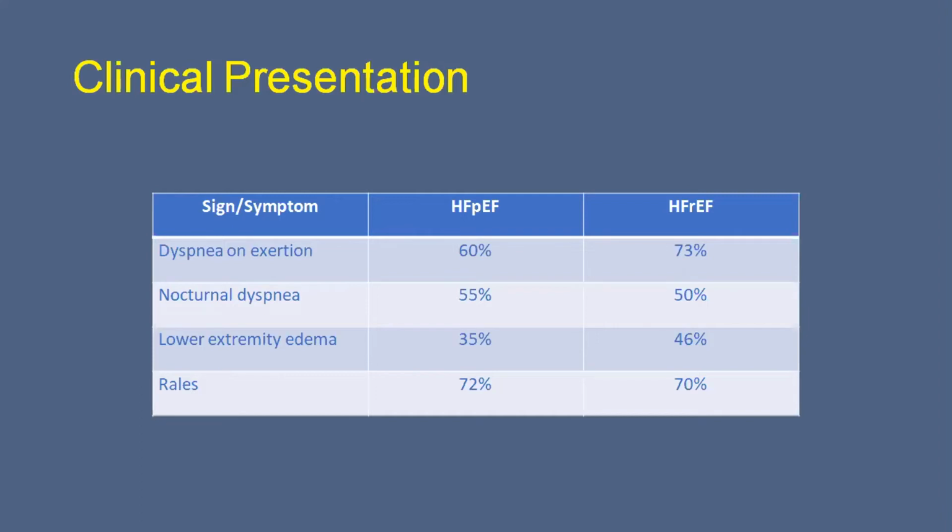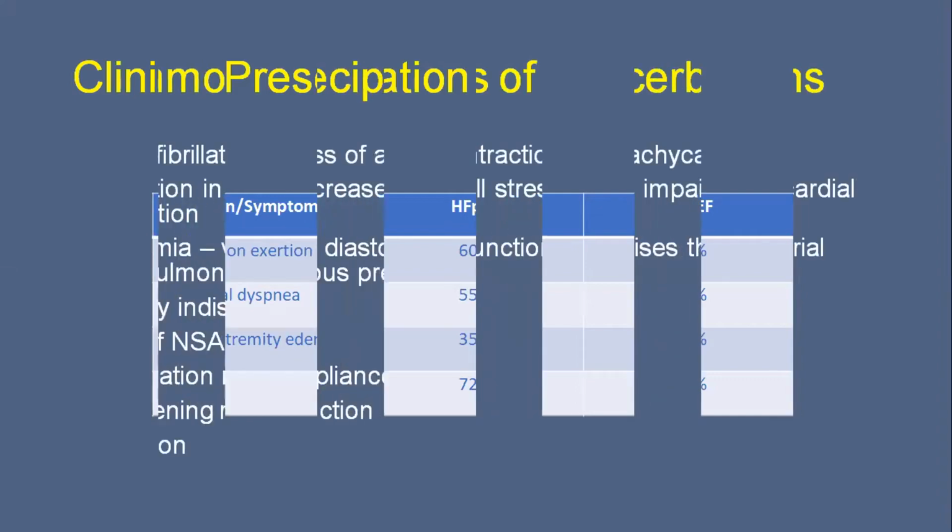Lower extremity edema is 35% in heart failure with preserved ejection fraction, whereas in heart failure with reduced ejection fraction it is higher, 46%. And the rales are almost the same, 72% in HFpEF, whereas 70% in HFrEF.